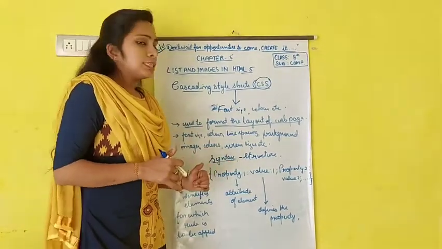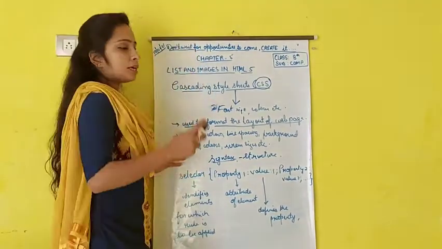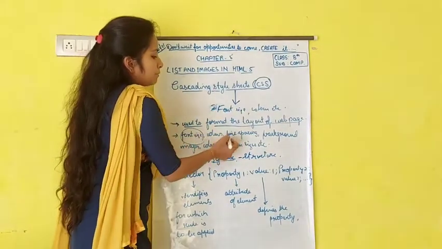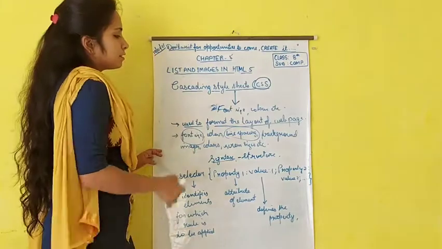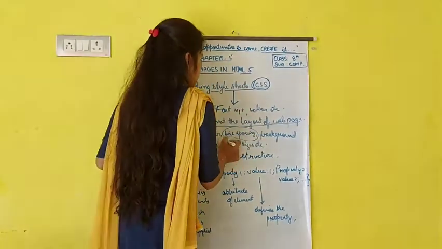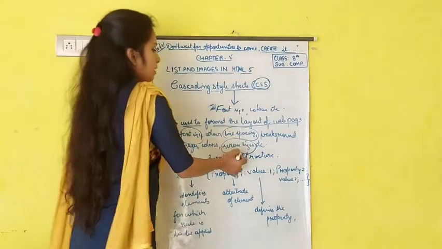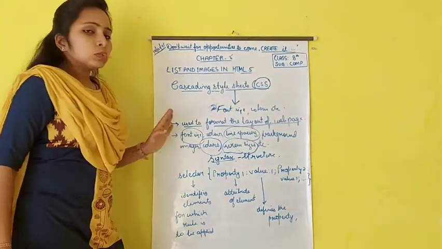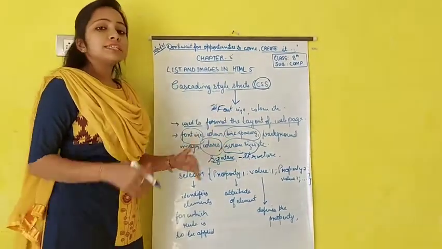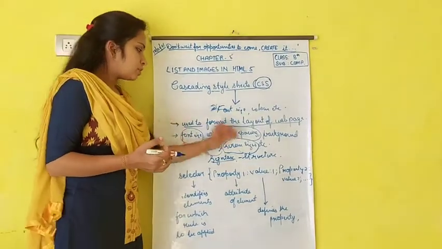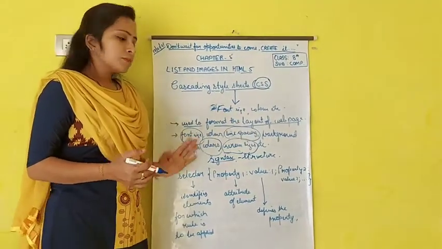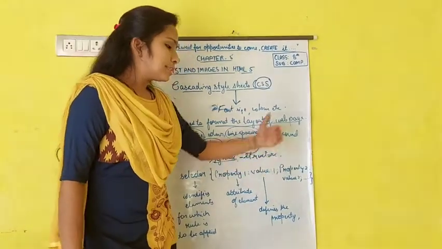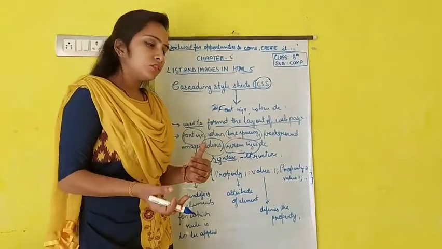Suppose, for example, one property I am taking is font size. One property is line spacing. Third I am taking screen size. And fourth I am taking background color. So I have 4 properties to be edited: 1, 2, 3 and 4. The name of that property will be written here separately so that it will be changed.